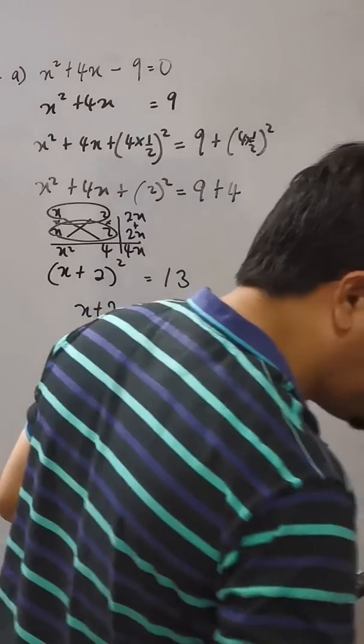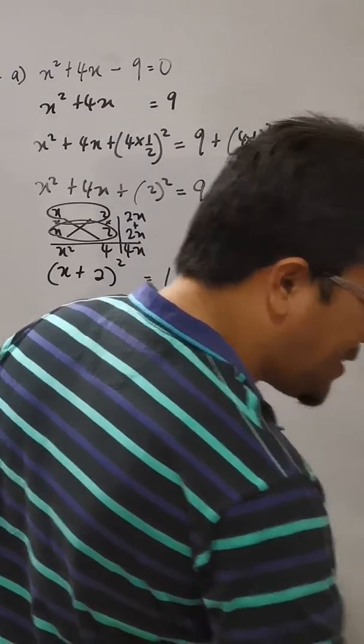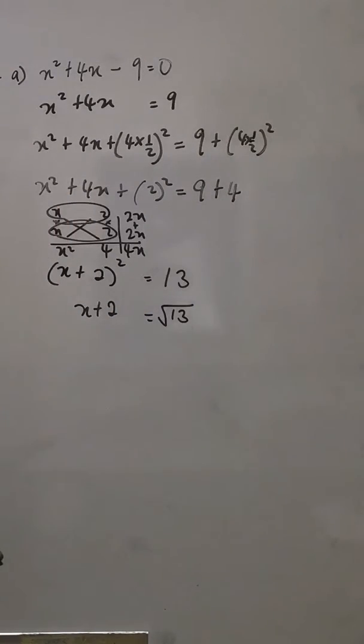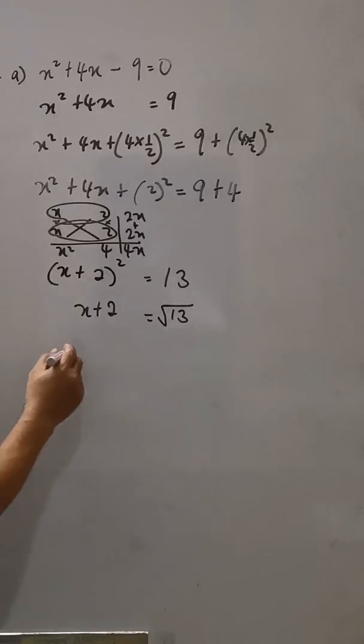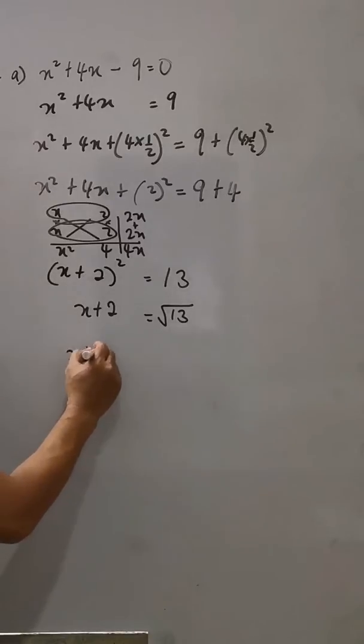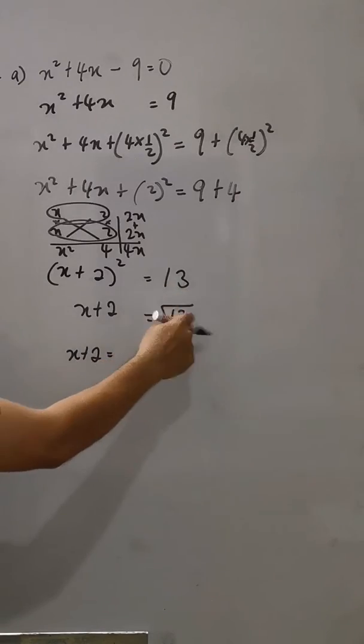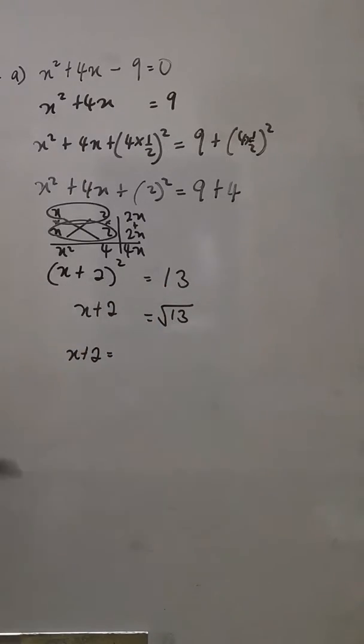How many decimals? Give your answer in 3 decimals. Maybe because the answer is 3.6055, at the moment it's okay to write down as many as possible. So x plus 2 equals the square root of a value, which will be positive and negative.